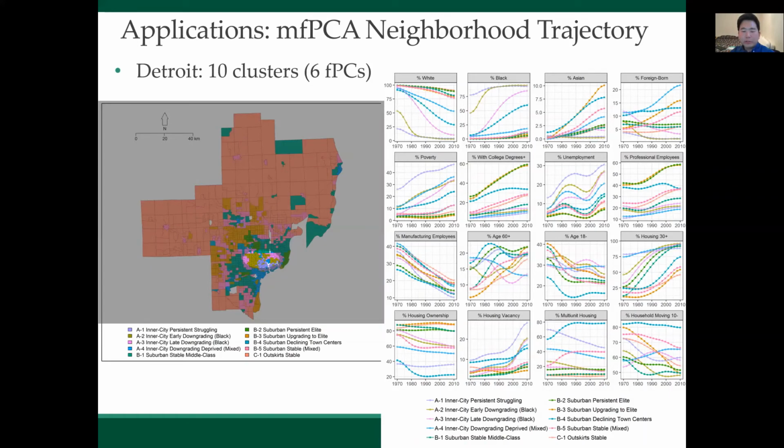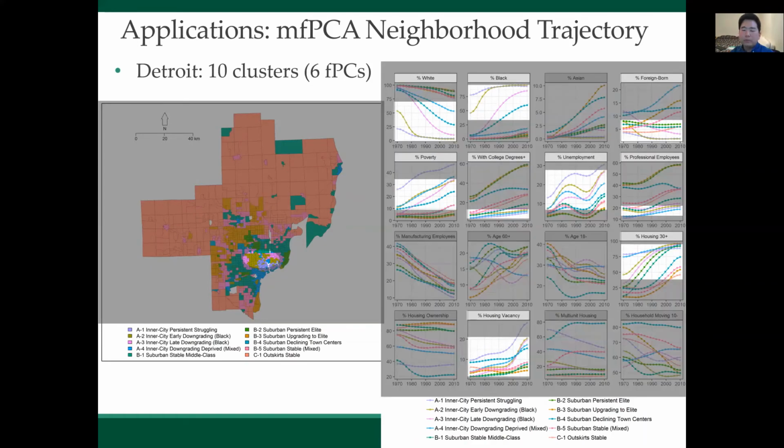The second trajectory shows inner city only downgrading Black neighborhoods. They are located right outer to the previous one, and they have experienced early white flight and declining socioeconomic status, which started in 1970.